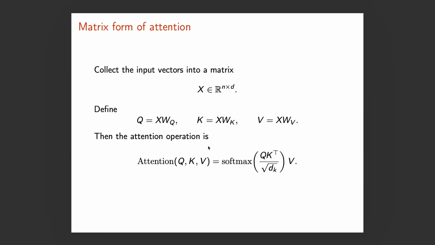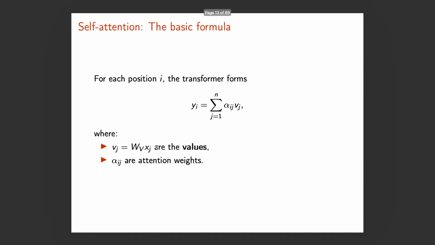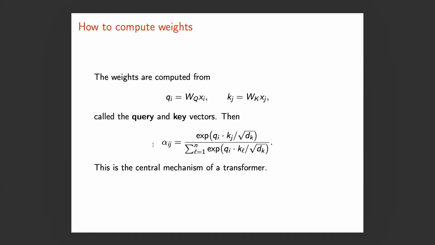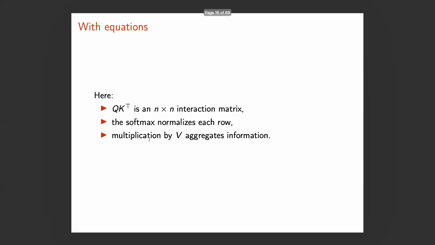And then the attention is us optimizing this object here, the softmax function, as a function of the query and the key, and then multiplied by these so-called values which we have here. This is normally called an interaction matrix.